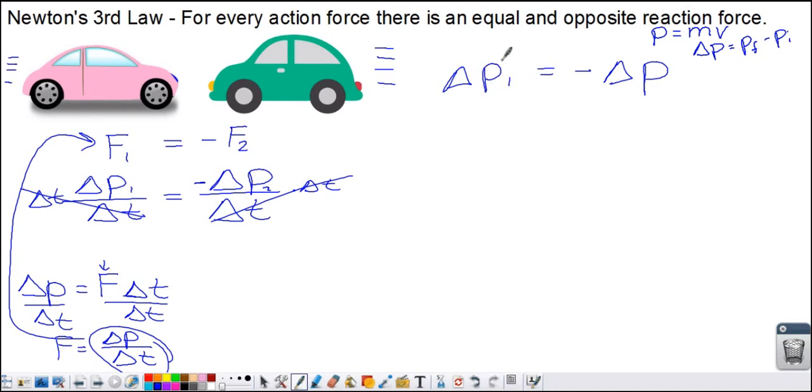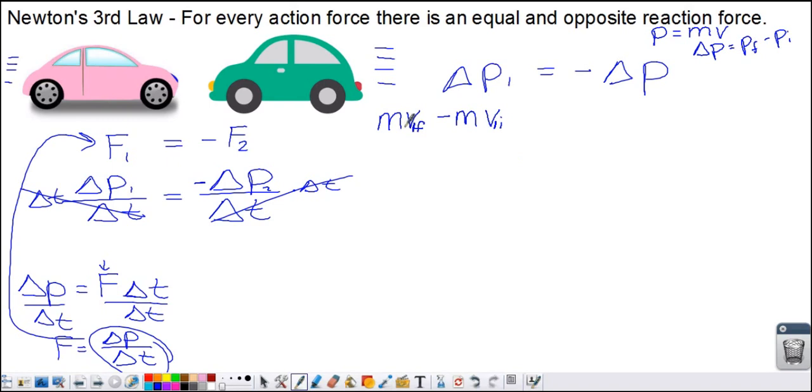So this is going to be the final momentum of the first car, which is the mass of the first car times the final speed of the first car, minus the mass of the first car times the initial speed of the first car. I'm going to make sure I know this is the first car by putting a little 1 with it.